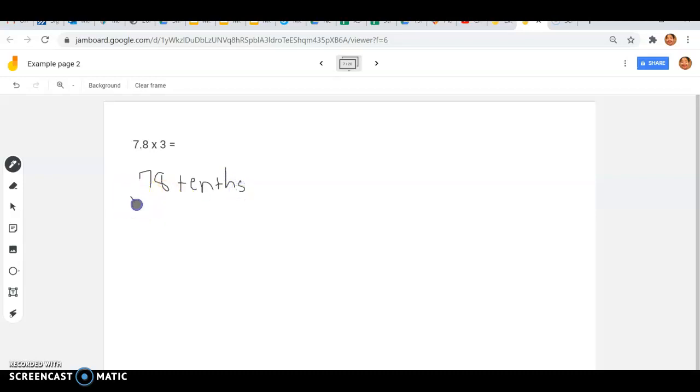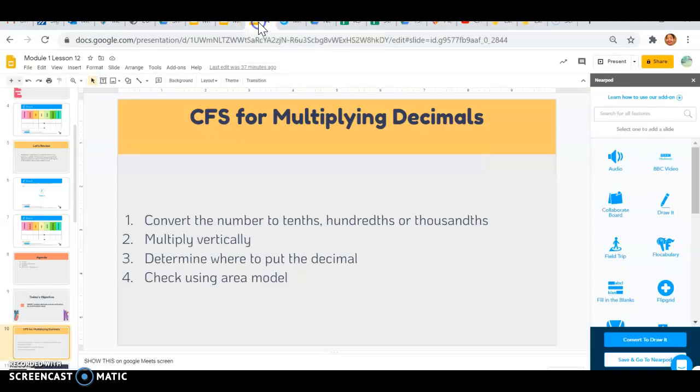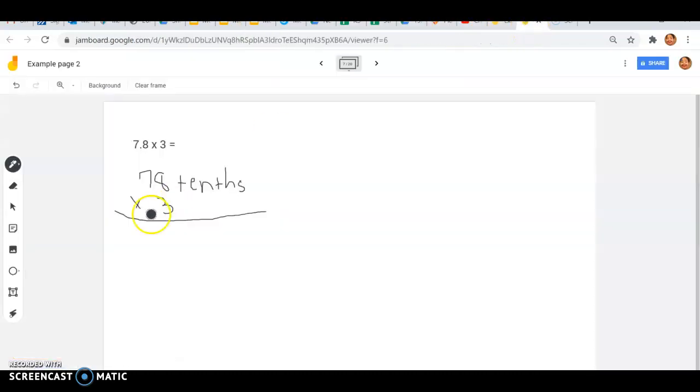And then we're going to multiply that by 3. So we converted our number to tenths, hundredths, and thousandths, which basically means that we're writing it in unit form. Step number 2 says that we're going to now multiply vertically.